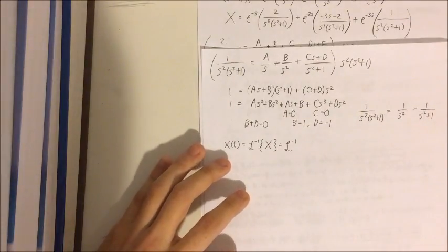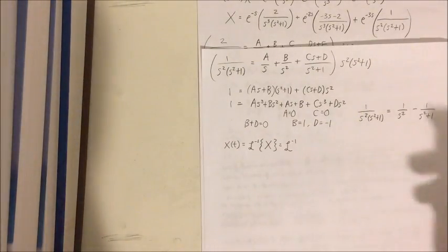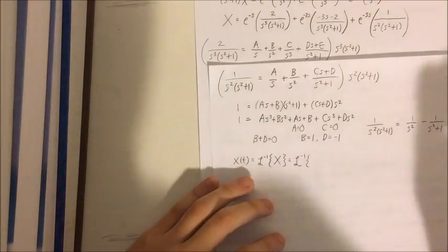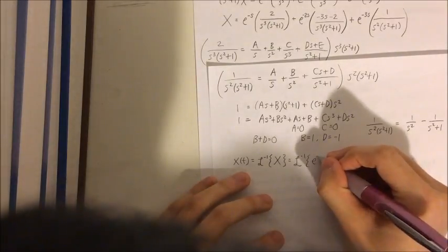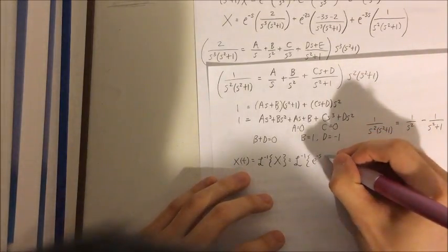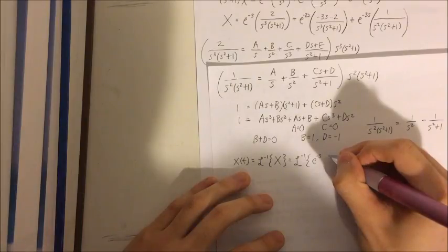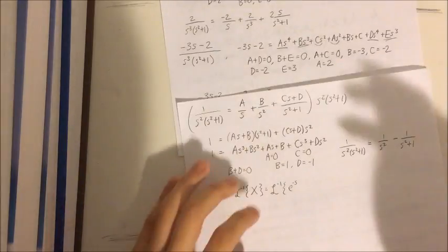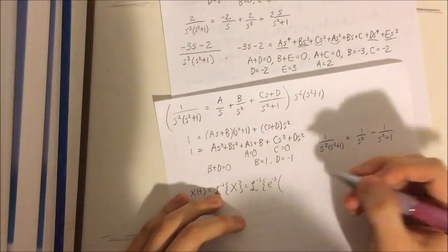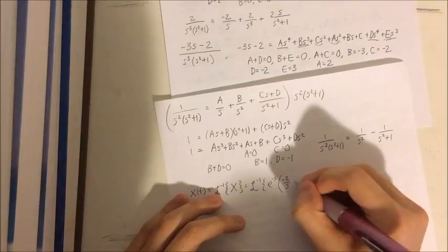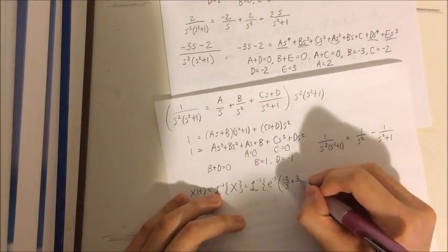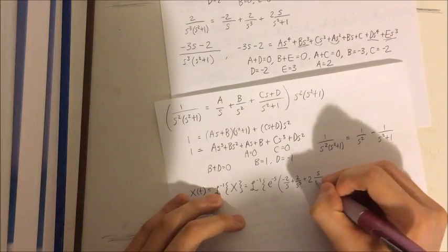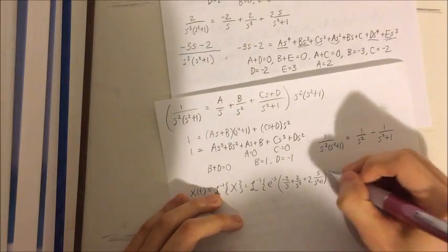We already know the inverse Laplace transform operator is also linear, so I'm just going to pull out the addends, the terms separated by the addition sign. This is where we use the result of our partial fractions: negative 2s plus 2s cubed plus 2s over s squared plus 1.